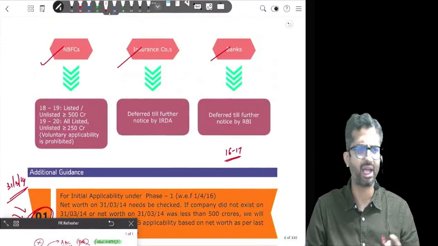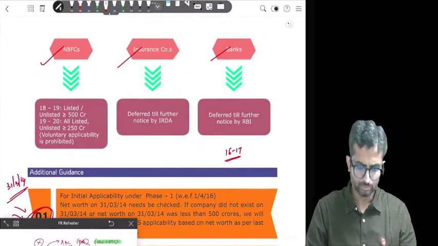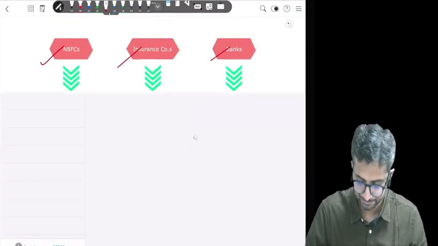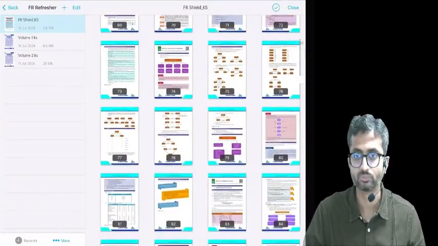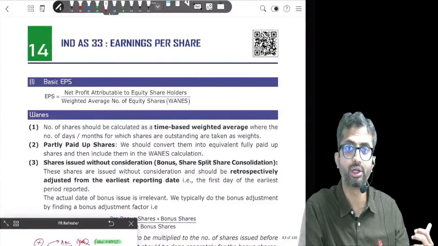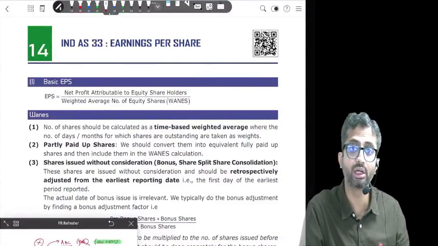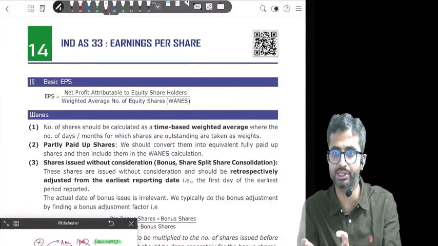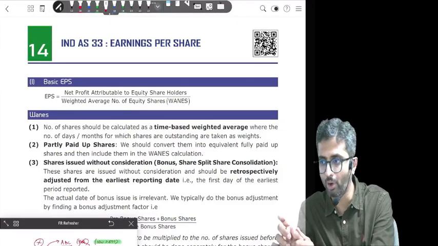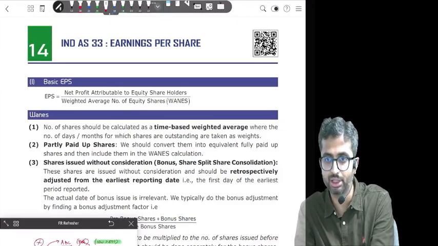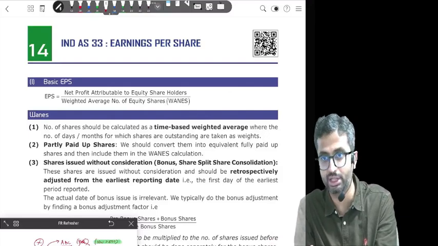Now, any problems? Last audited balance sheet, that is on the year. So whenever you are looking at, let us say, 19-20 applicability, you will look at the net worth on 31st March 19.